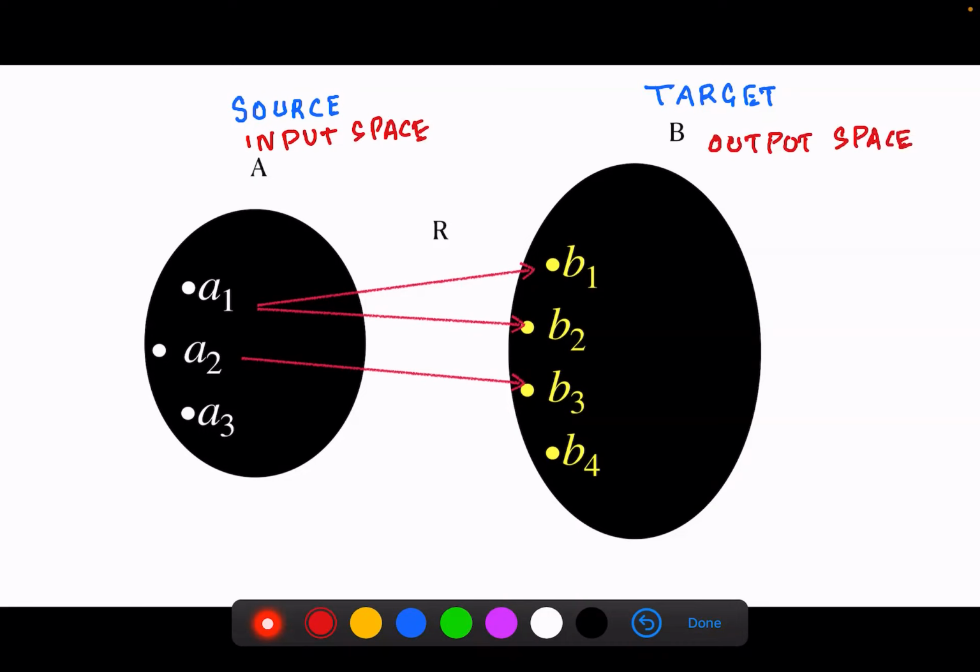For example, what is happening here? We are taking A1. It is connected with B1 and it is also connected with B2. So you're relating A1 with B1 and B2. Here, we don't know what these A1s, B1s, B2s are, because when we study things in mathematics, we slowly study things abstractly.